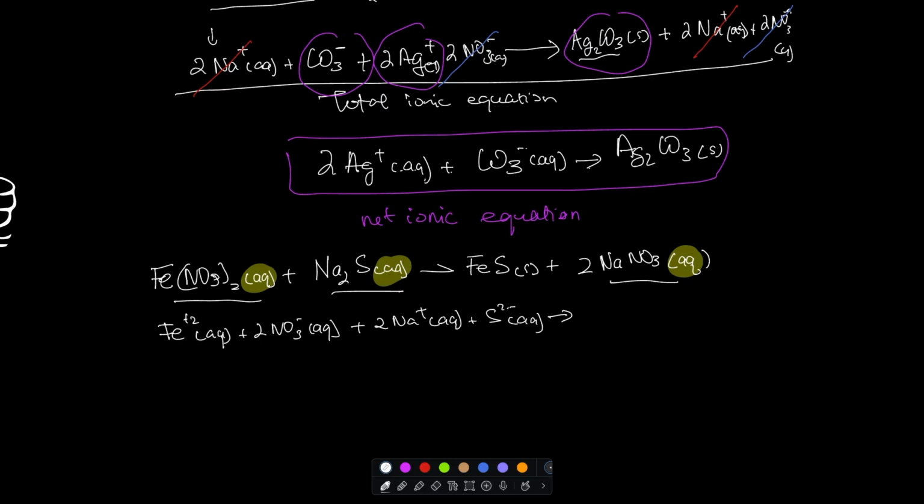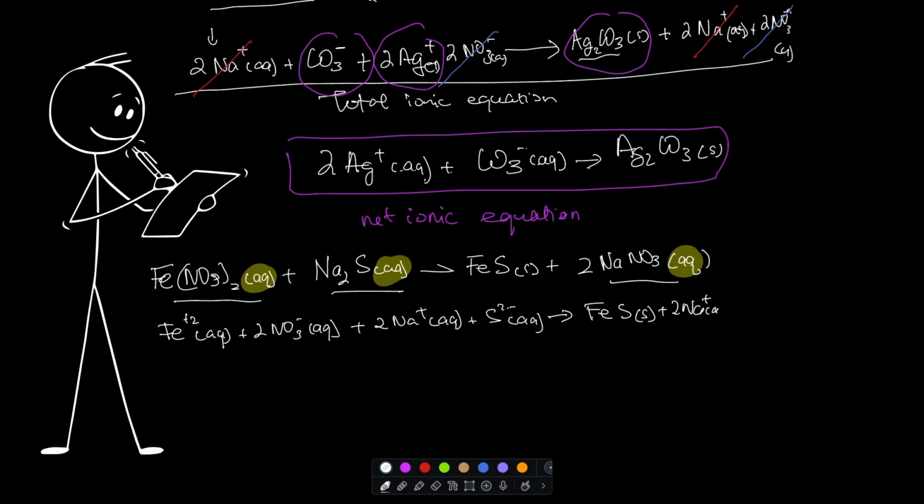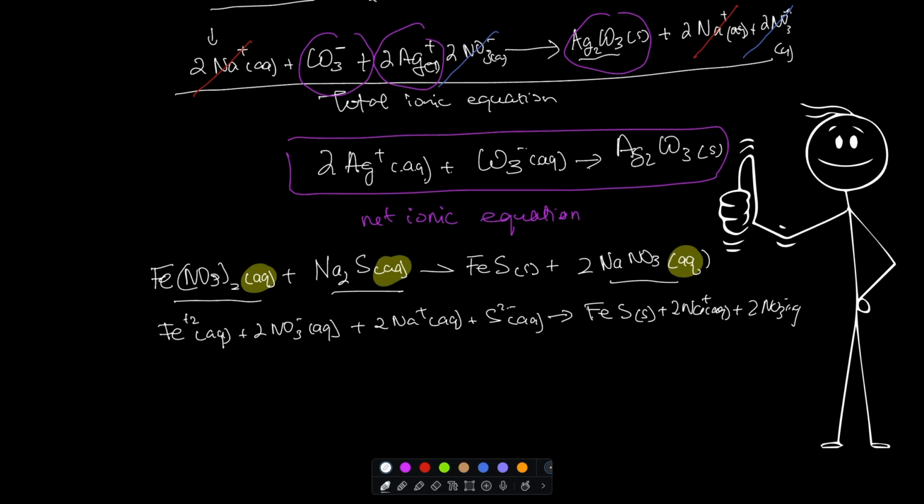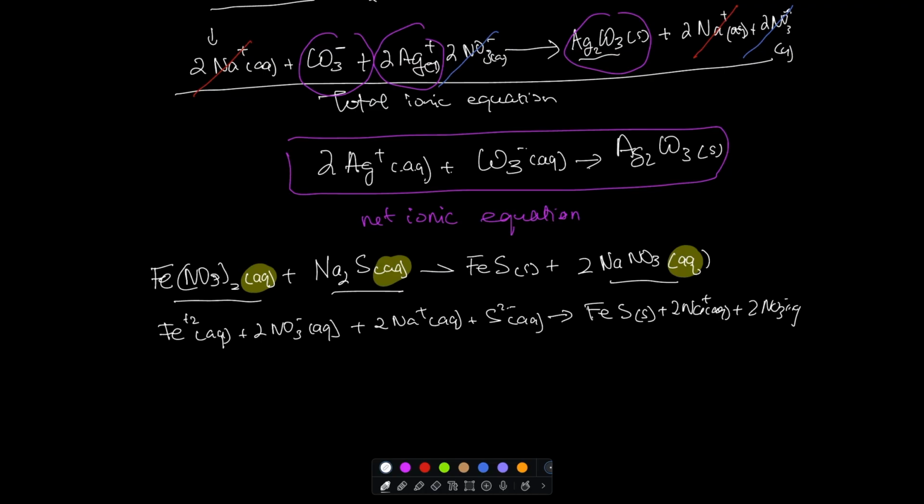On the other side, we have FeS solid, which stays together. And then we have 2 Na sodium ions that are aqueous in solution. And then 2 NO3 minus aqueous. Okay. So that's my total. Again, this is my total ionic equation.